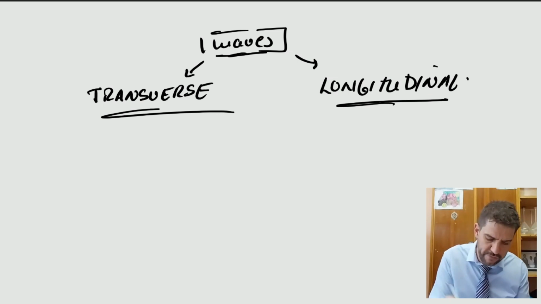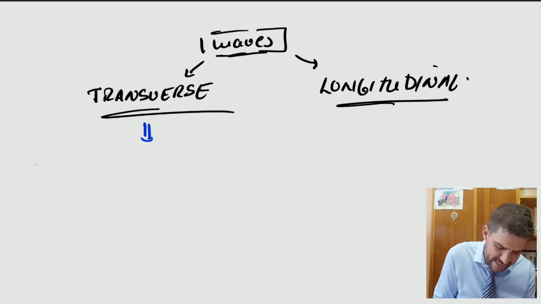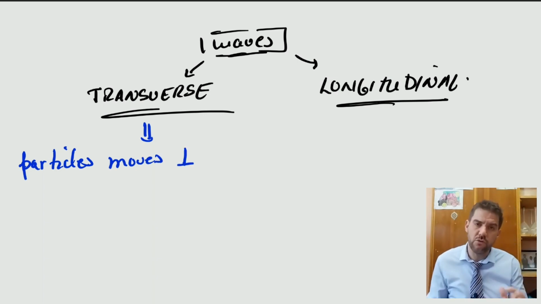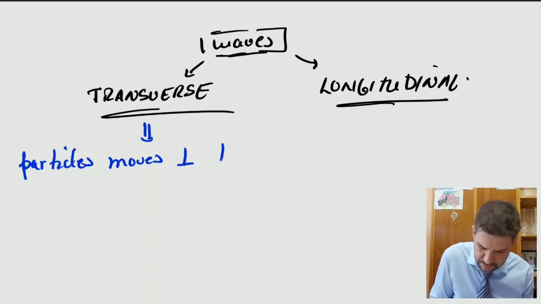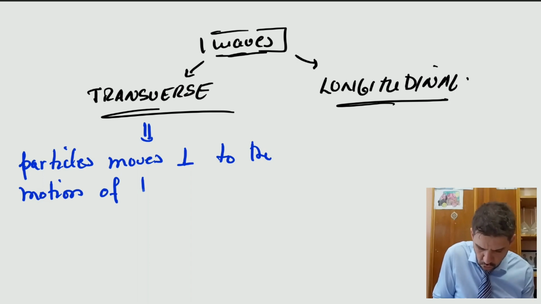When is a wave transverse? Well, a wave is transverse when the particles move perpendicular to the motion of the wave.